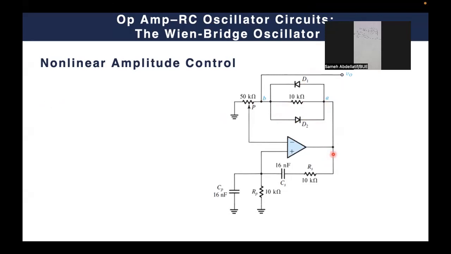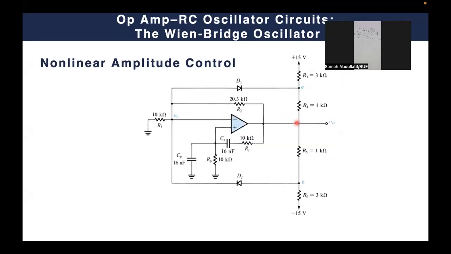Let me describe this. Here, for example, this is the output of the oscillator, which is the same as the point giving the positive feedback. So this node is a common node.